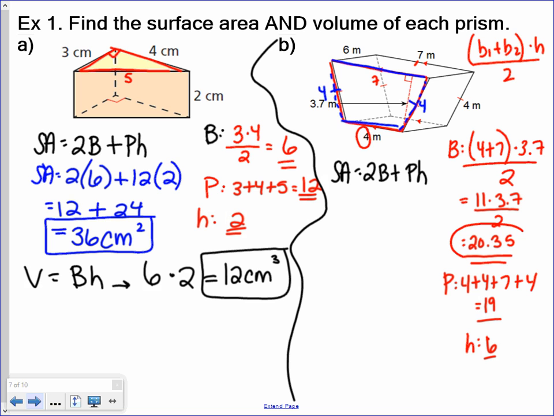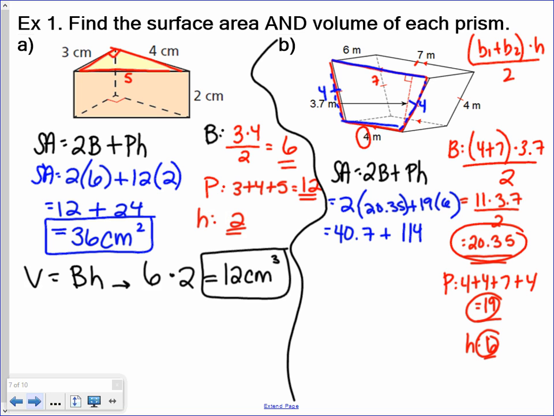So here's your capital B, here's your P, and here's your H, and then we just plug them all in. 2 times 20.35 plus 19 times 6. 2 times 20.35 is 40.7. 19 times 6 is, no, 114. And then 114 plus 40.7 is 154.7 meters squared, because it's area.